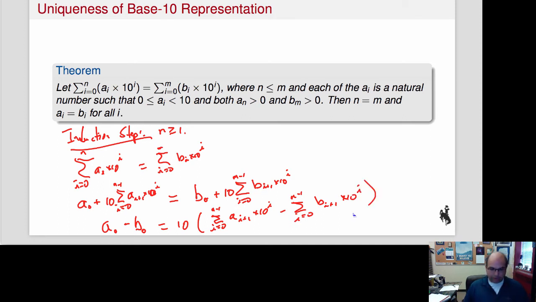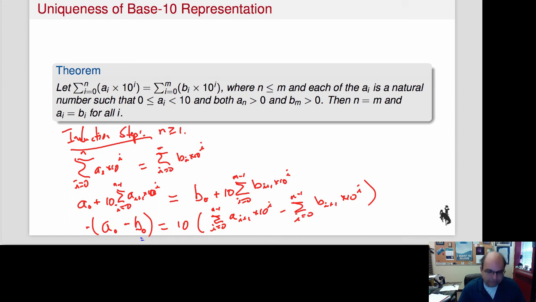Now I have a0 minus b0, so I moved the b0 over, and I moved this over there, and I got a missing sign, so I'll just put it in front right there. Okay. Now, what do I know?